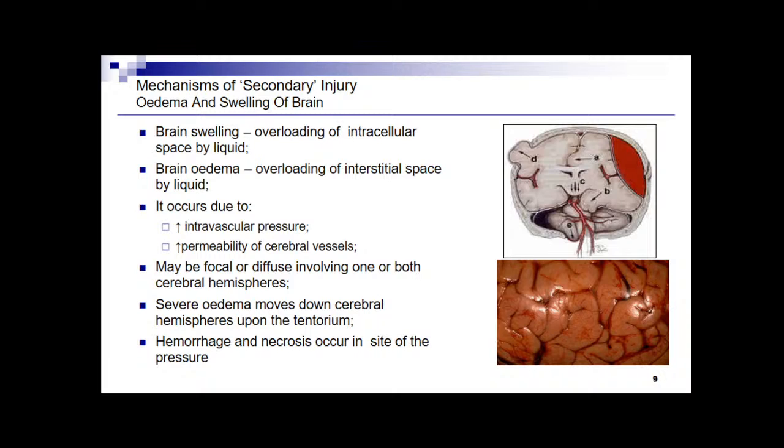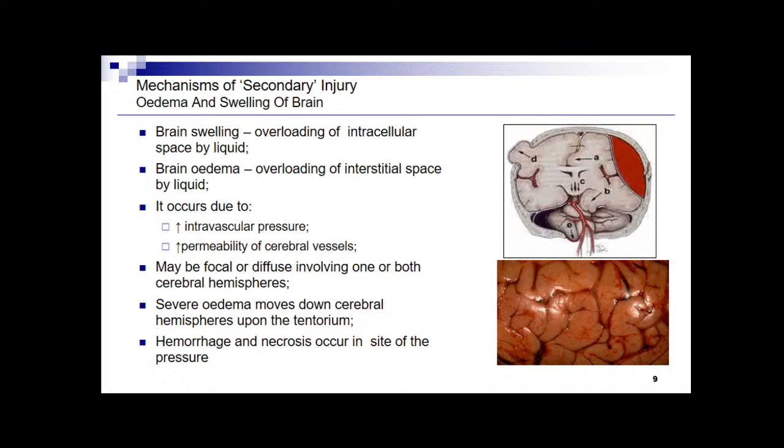If the water and proteins accumulate around the cells in the interstitial space, this is brain edema. Mechanisms of either brain swelling or brain edema: increased intravascular pressure and hypermobility of cerebral vessels.